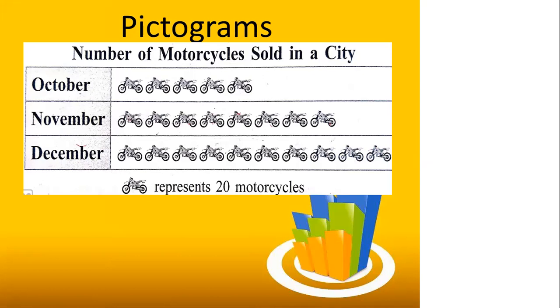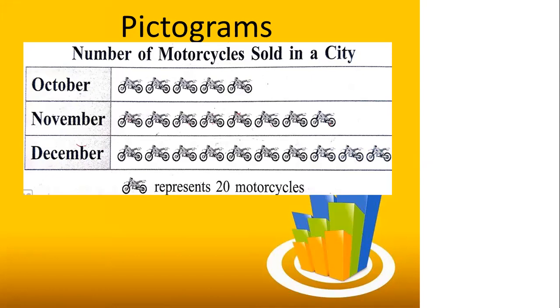So that is the title, or the overall introduction of a pictogram. And out of that one, we can interpret or read some questions. Example, how many motorcycles were sold in the month of October?